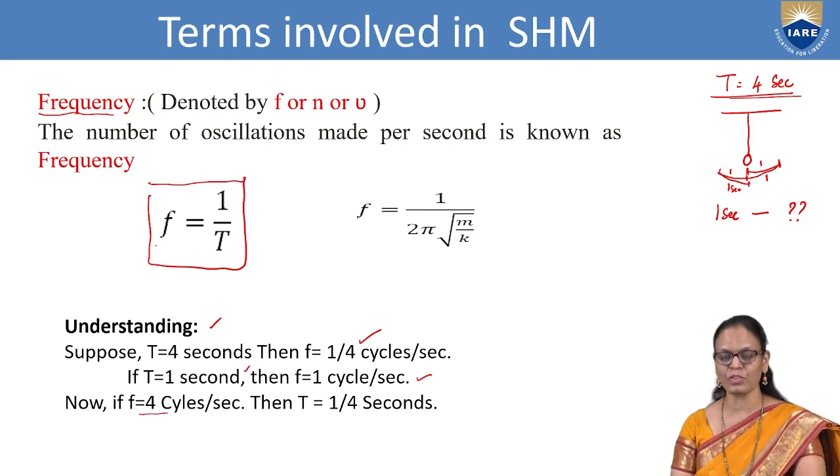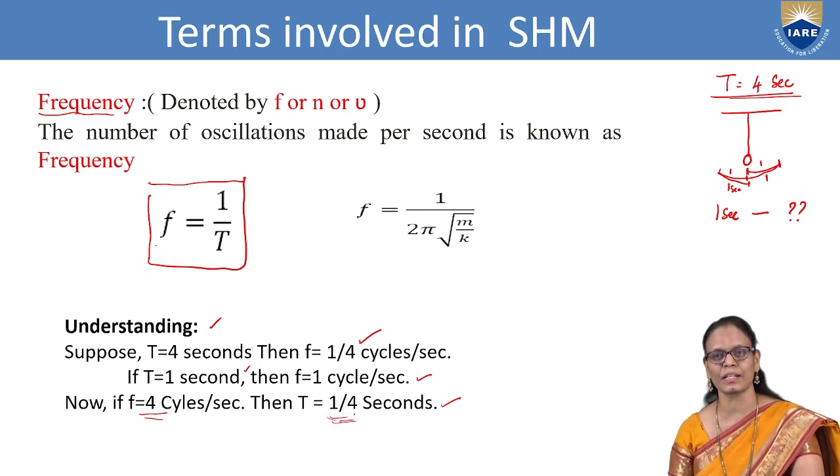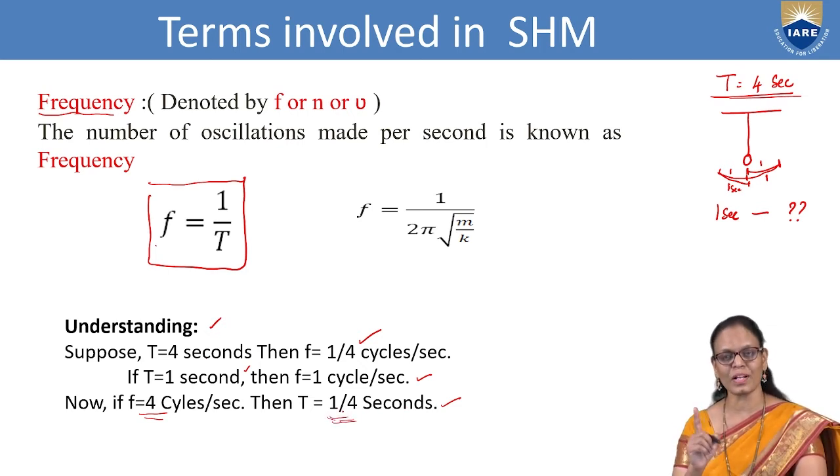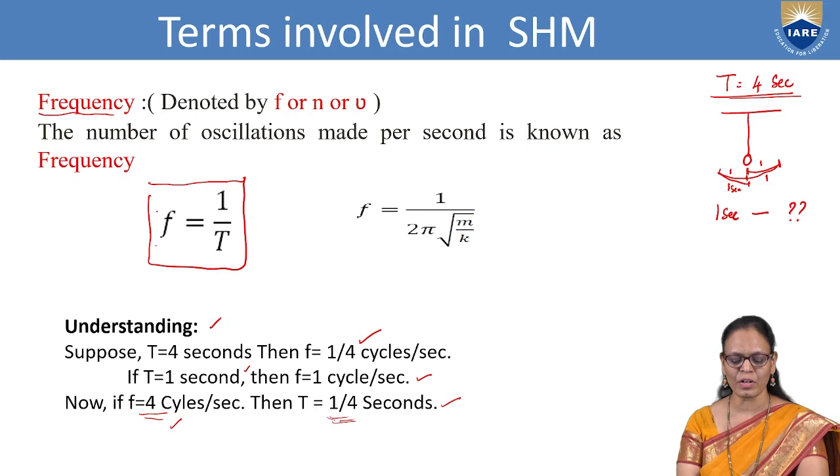If f is equal to 4, meaning it is making 4 oscillations in 1 second, then what will be the time taken for one oscillation? It will be only 1 by 4 second. So in 1/4 second, it will complete one oscillation. Therefore, in 1 second, it can make 4 oscillations. So that is how we need to understand the relationship between frequency and time period.